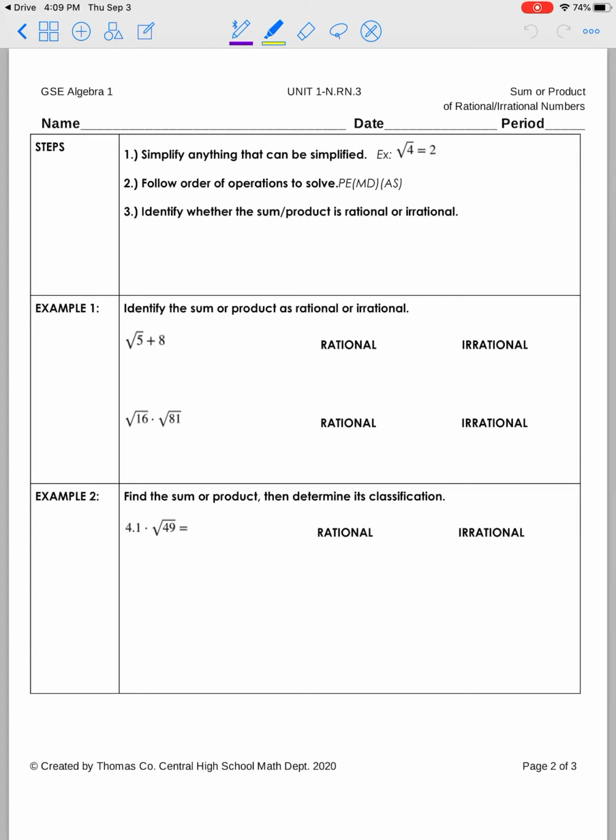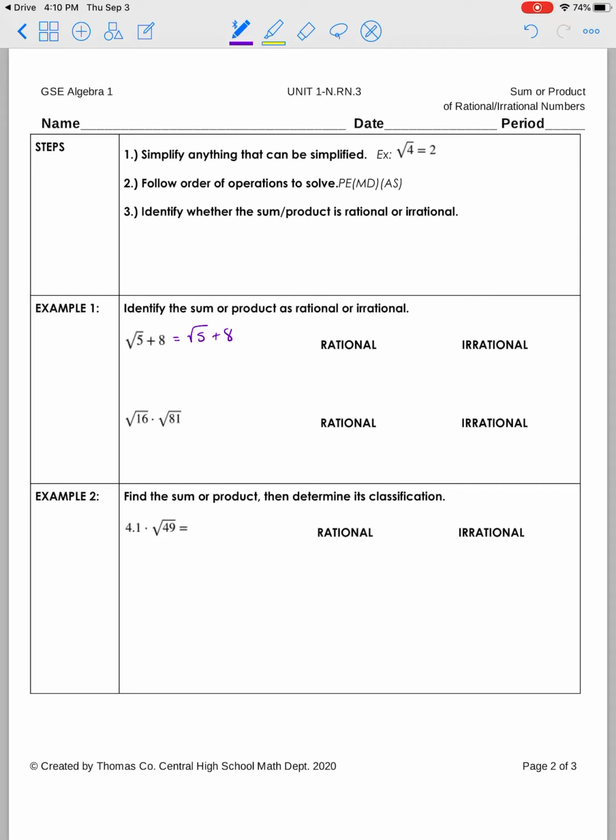Okay, so let's look at an example. The square root of 5 plus 8. Is the square root of 5 a perfect square? Is there a whole number I can multiply by itself and get 5? No, it is not. I cannot add these two things because they're not like types of numbers. So my answer is still the square root of 5 plus 8.